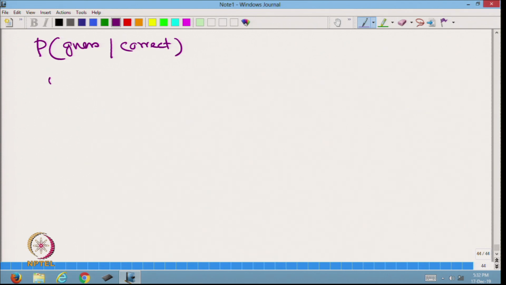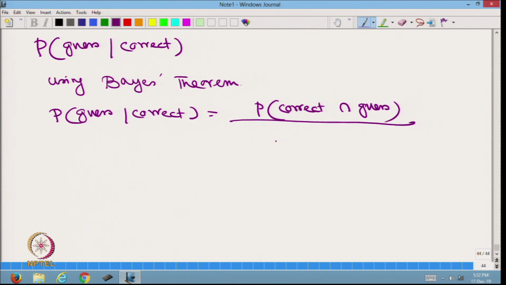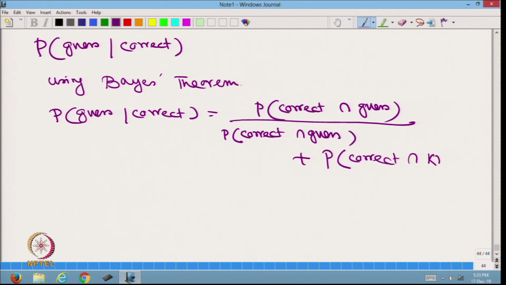Therefore, using Bayes' theorem, probability of guess given correct is equal to probability of correct and guessed, divided by probability of correct and guess plus probability of correct and knows.